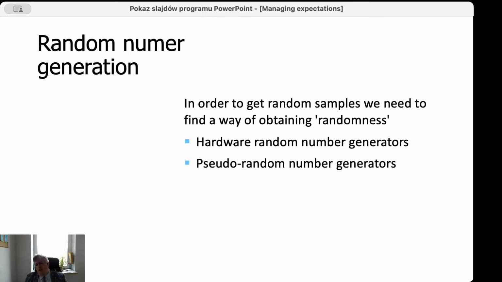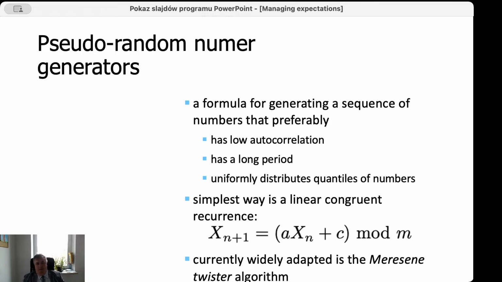There are applications for some hardware number generators. As again said, some people are very fond of them in cryptography, but most of computation is being done using pseudo-random number generators.